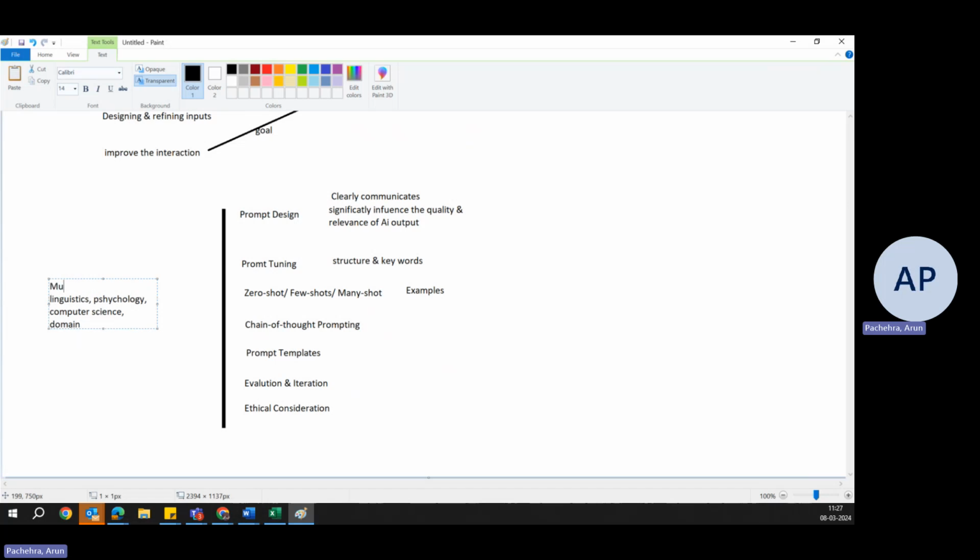field because the person who is asking for the output from the AI or LLM, if he is well versed with the linguistics, the psychology, the computer science, and the domain specific knowledge, that person would be able to get more accurate output, save time, and get a better user experience.